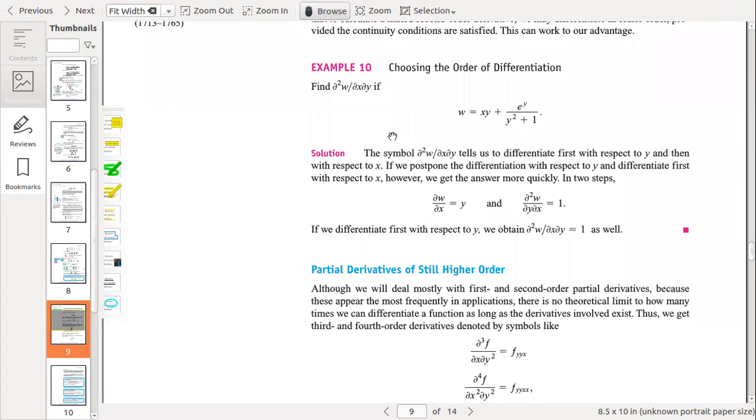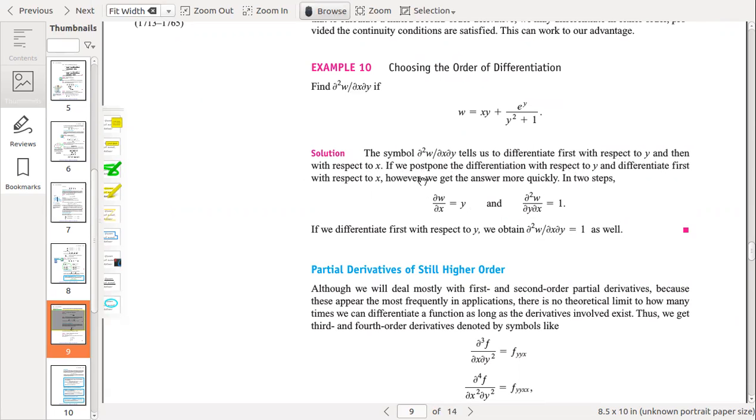Okay, then choosing the order of differentiation. So if we are asked to calculate the derivative with respect to x and then with respect to y, it depends on the given function. The symbol tells us to differentiate first with respect to y and then with respect to x.